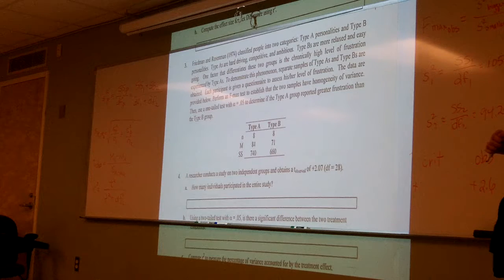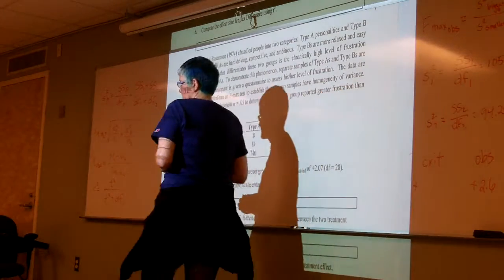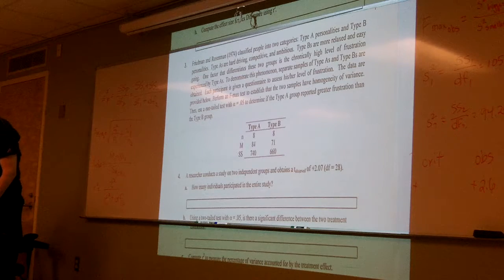Degrees of freedom 14, alpha 0.05, one-tailed test. Our critical value would be what? 2.145. Okay.